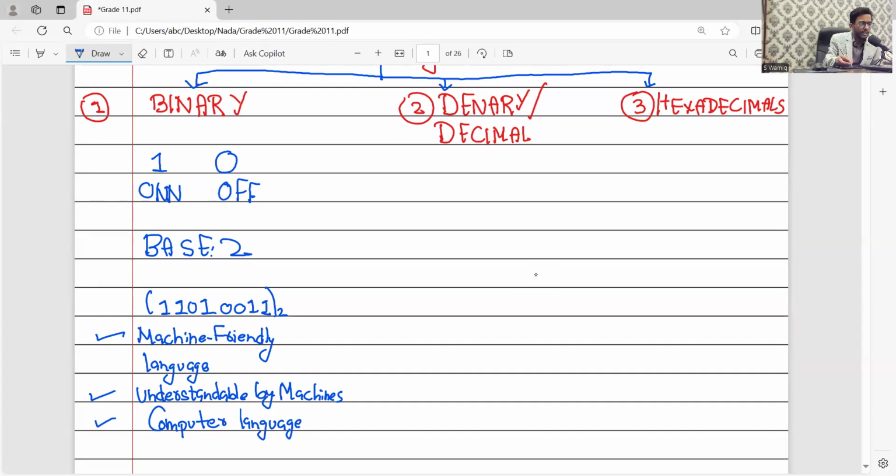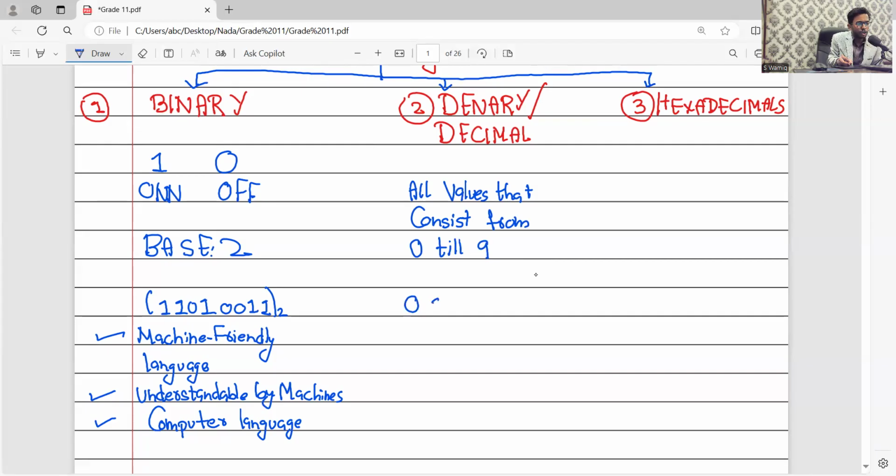Now, the second area that we have to discuss right here is basically a decimal number system, a denary number system. And decimal and denary number systems consist of all values from 0 till 9.